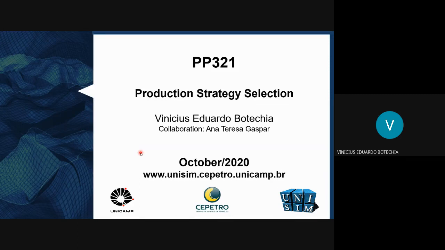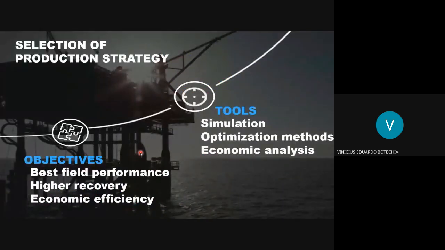So let's start. First of all, starting with an introduction: when you talk about the selection of production strategy, we aim to find the best field performance. But of course, we're aiming for this best performance according to something, right? So you want to define some objective and try to find the best way to achieve this objective.